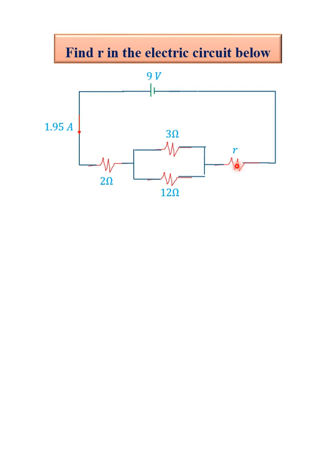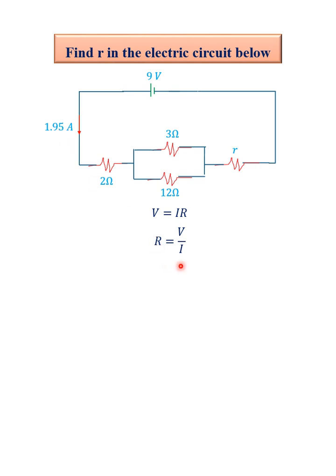The first thing we want to do is to calculate the total resistance offered by the circuit. From Ohm's law, voltage is equal to current times resistance. If we make the total resistance R subject of the formula, the resistance will be equal to the voltage over the current, where the voltage is 9 and the current flowing through the circuit is 1.95.